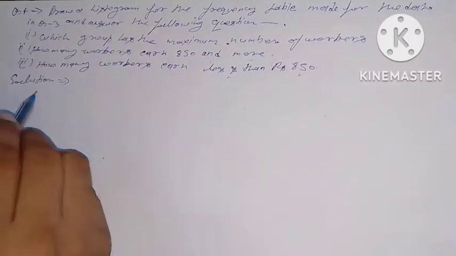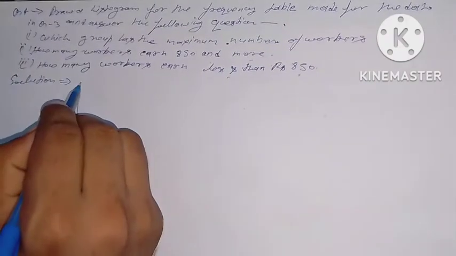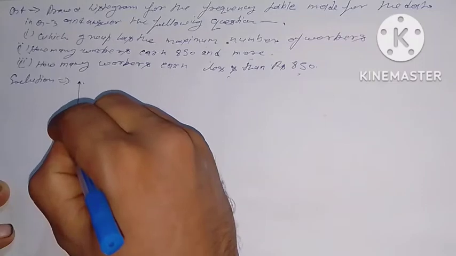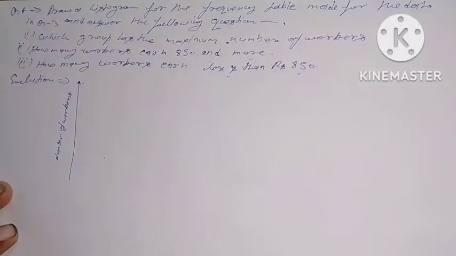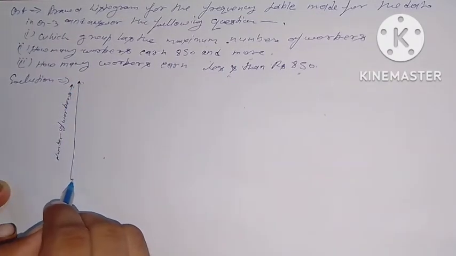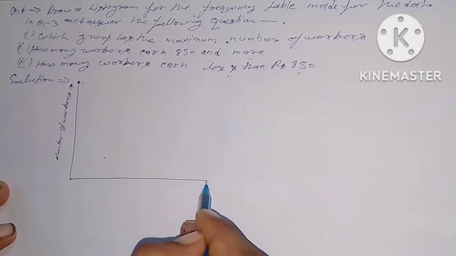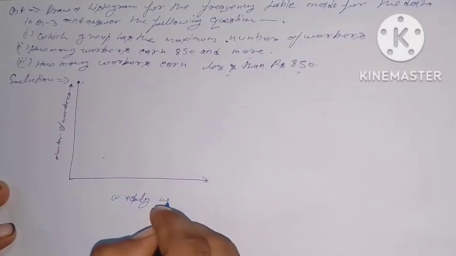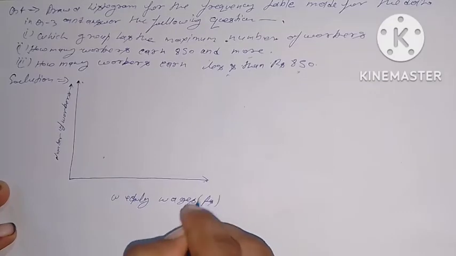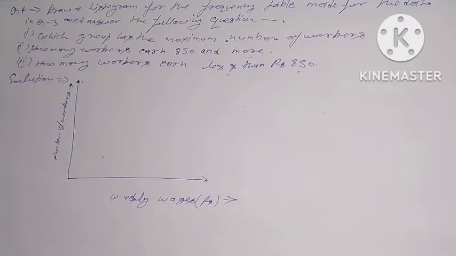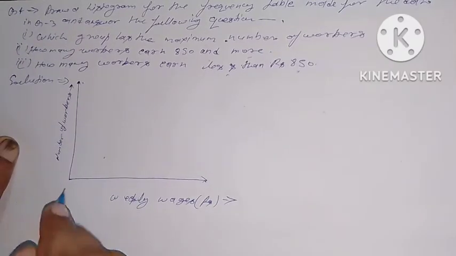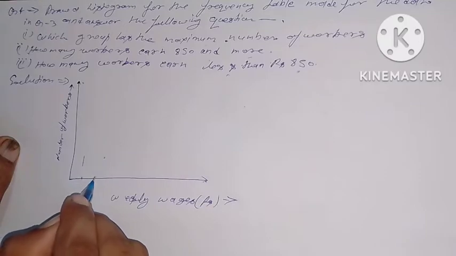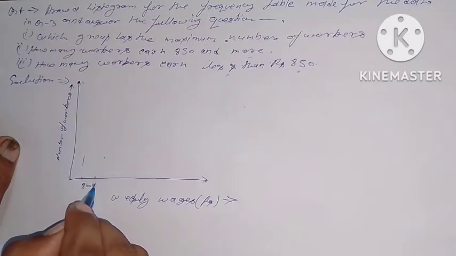This is the number of workers, and this is the weekly wages in rupees. First is 800 to 810.